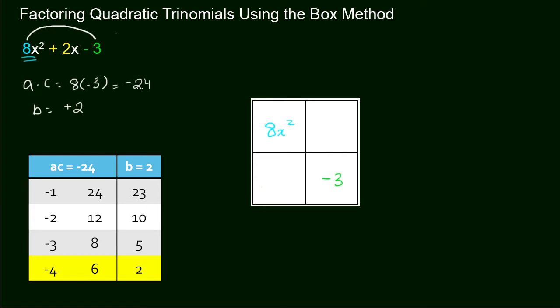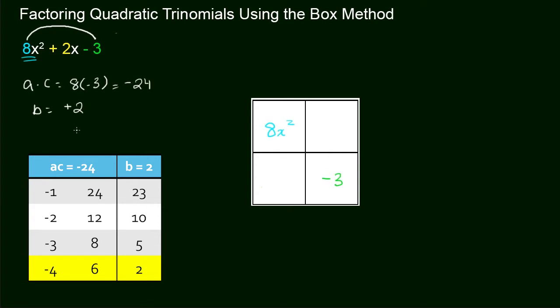Since this product is -24, I know that one of my factors has to be negative, because a negative times a positive is what gives me the negative. And since my sum is +2, I know that the larger of these two factors has to be positive, because we take the sign of the greater number when we add.